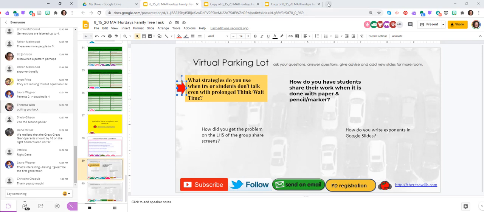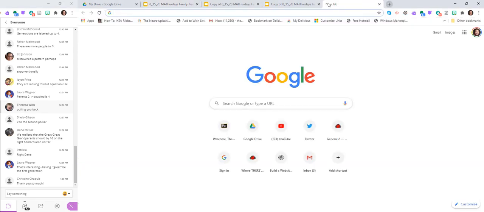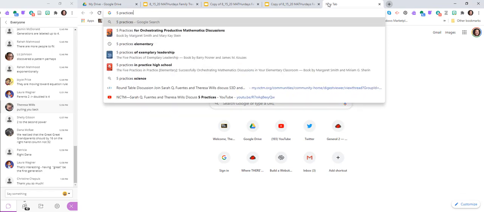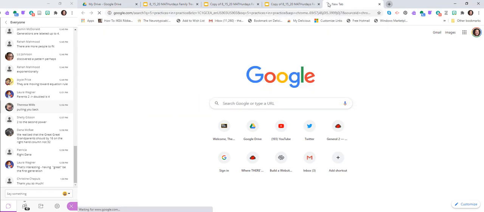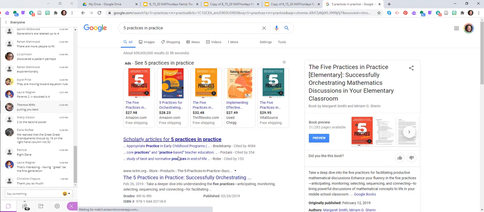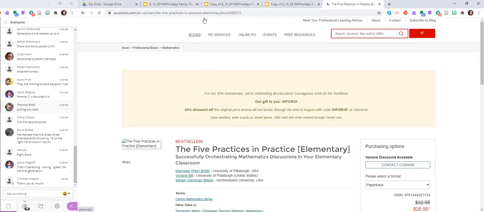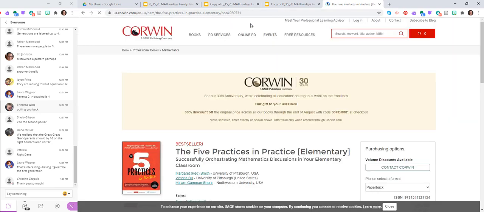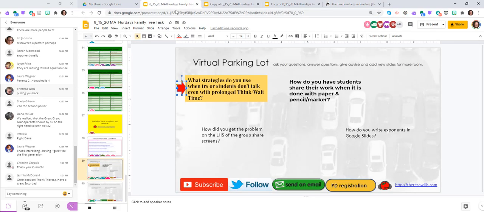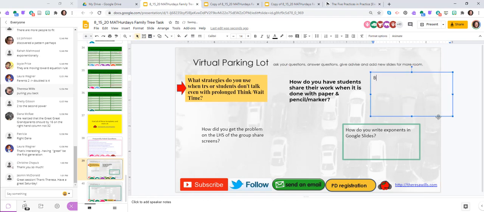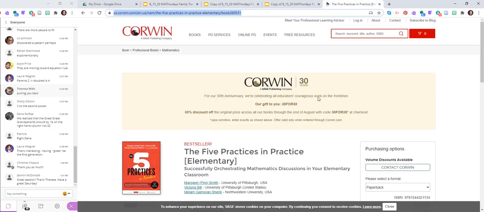And someone wanted to know the reference for this. So the 5 Practices in Practice is a 3-series book. There is the elementary version, which I'll put links here on where to go for them. There's the middle school version and the high school version. This came out of the high school.